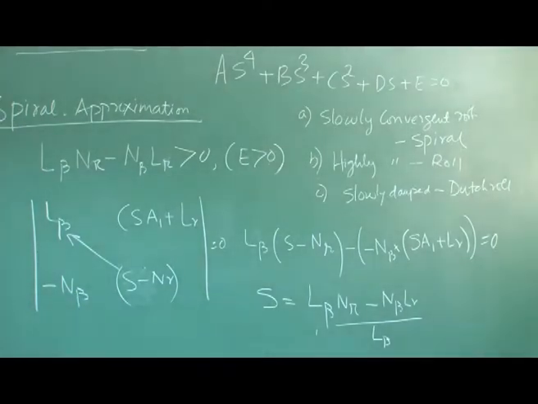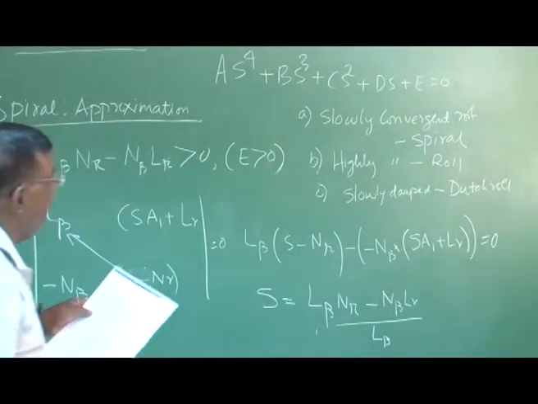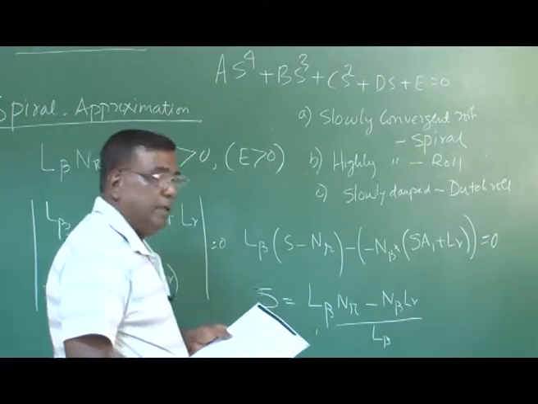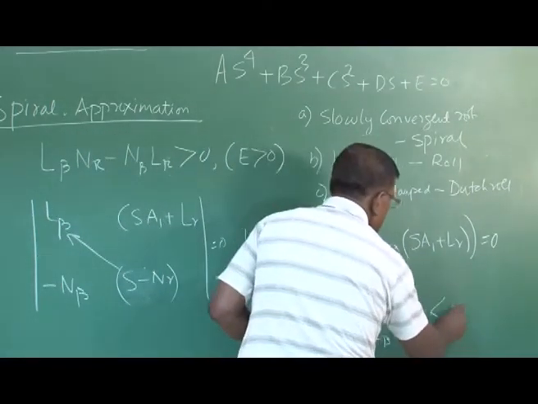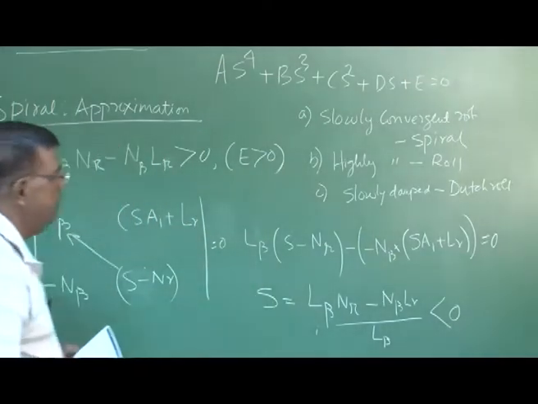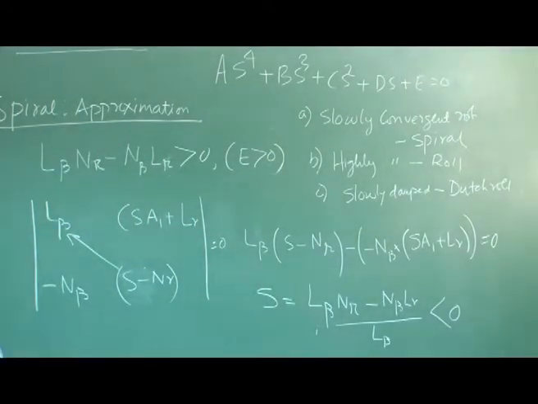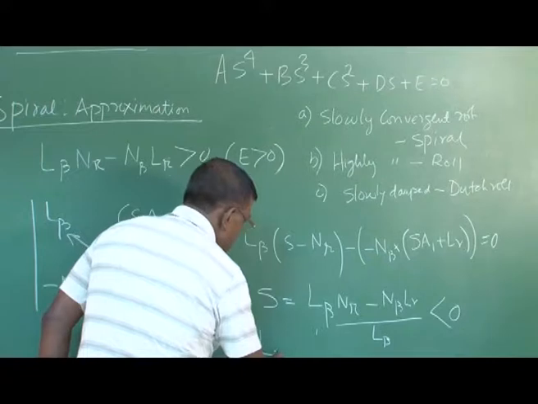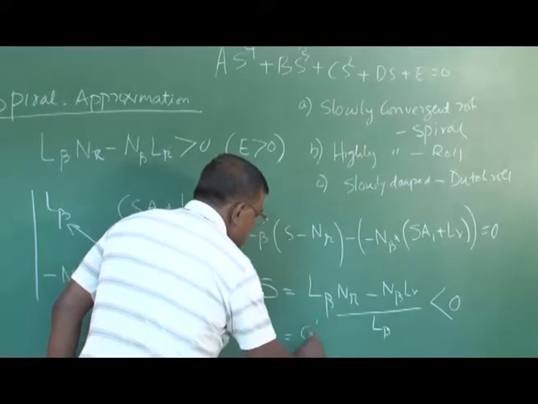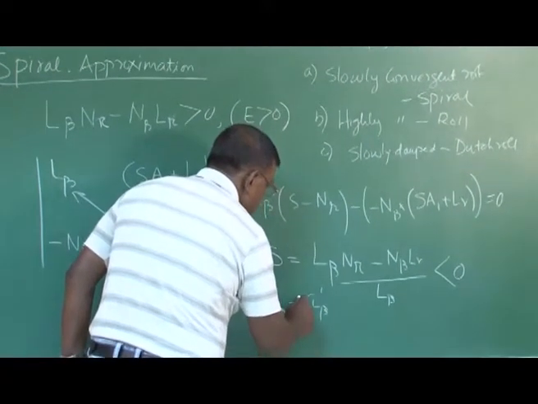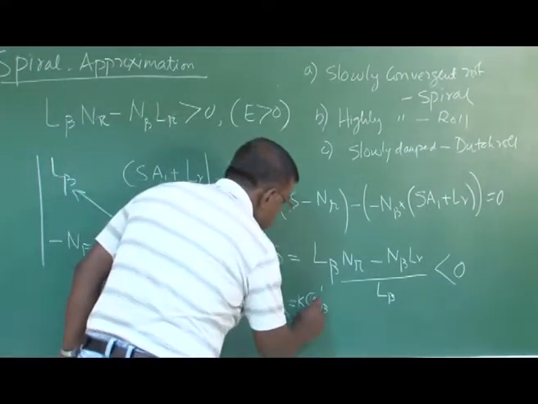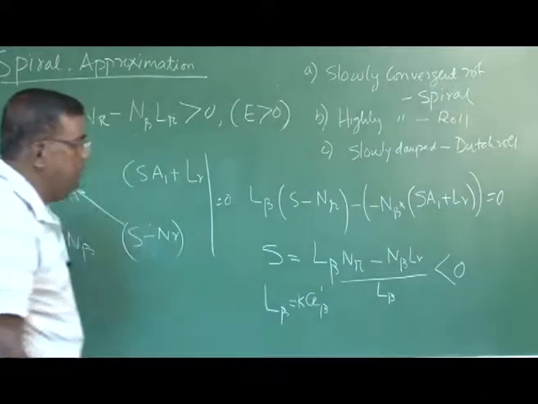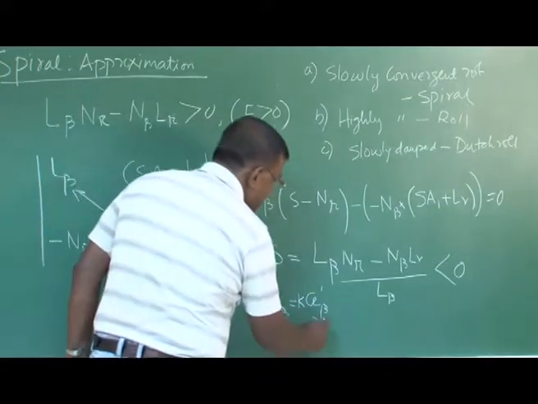Now to make sure that the spiral mode is convergent, not divergent, this should be less than 0, right? And what is the sign of L beta? L beta is a constant into CL beta, the rolling moment, and CL beta is negative.